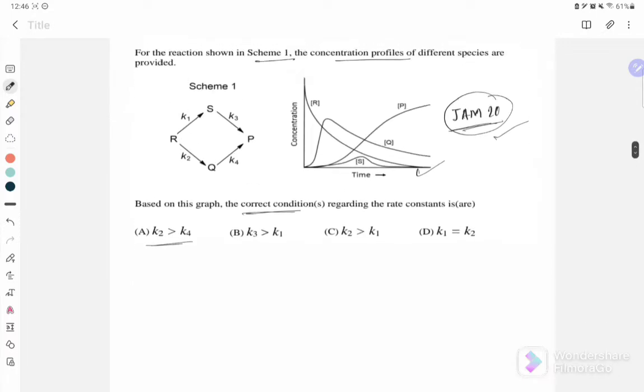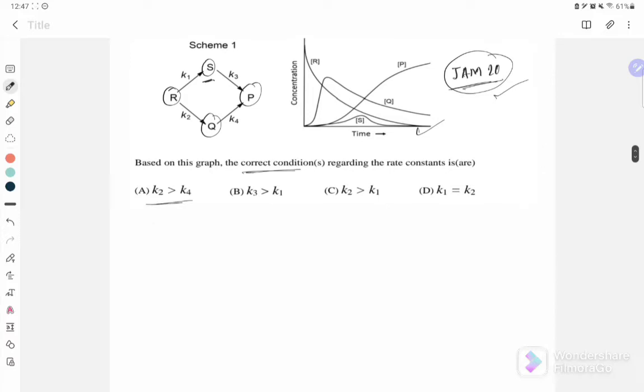Okay, so here we can say this is our starting material. From here S is being created, and here Q is producing, and from there P. So we can write it as R to S to P, and another reaction is R to Q and P, with rate constants K1, K3, here K2, and here K4.